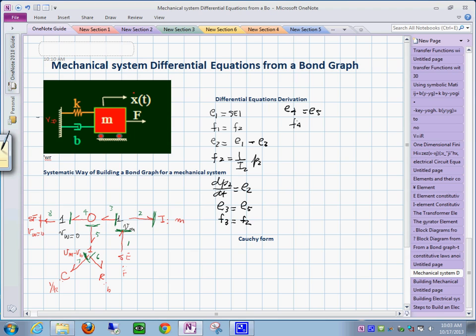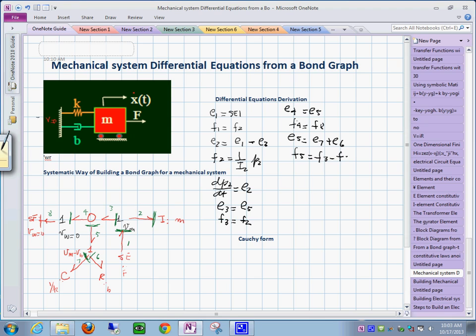And F sub 4, you know this F sub 4 here, is equal to F sub 8. And then I go E sub 5 is equal to E sub 7 plus E sub 6. And then F sub 5, what is F sub 5 in here? Is F3 minus F sub 4.